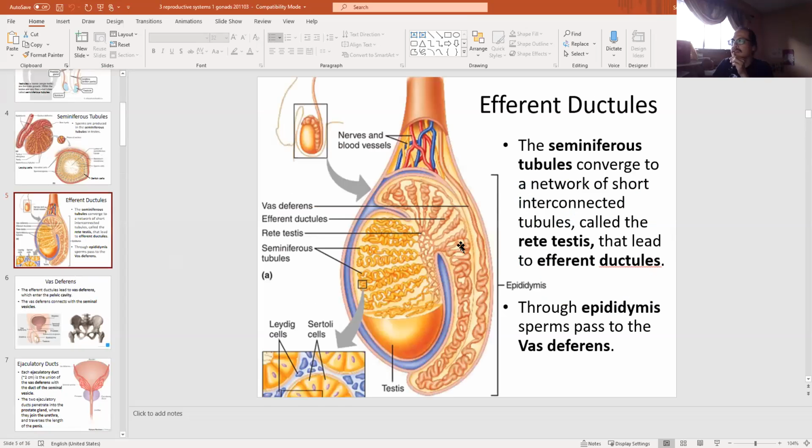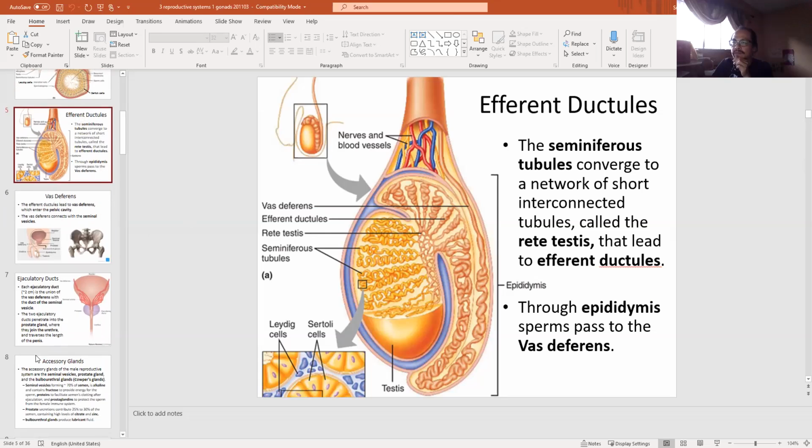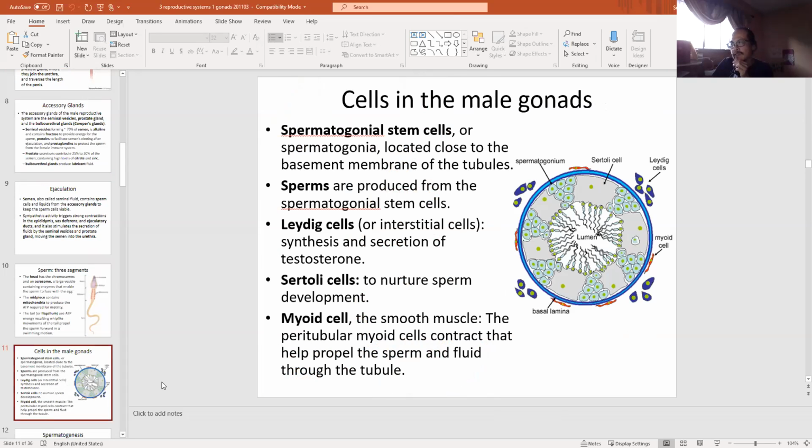Two major cells are the Leydig cells and the Sertoli cells. The Sertoli cells support spermatogenesis, which is the development of sperm cells from the spermatogonia, the stem cells.